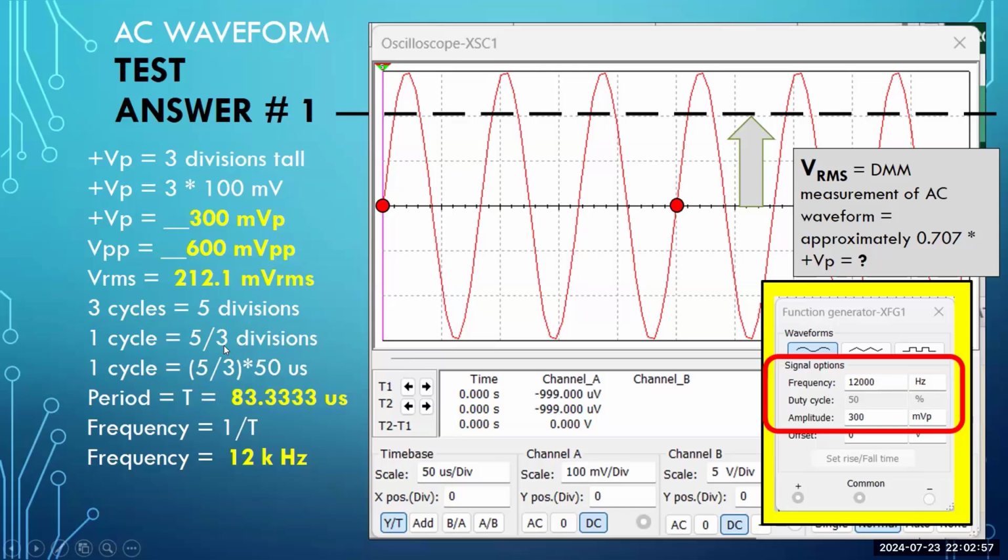Well, how do we determine 1 cycle in terms of time? That would be determined this way. Time is given by your time base, 50 microseconds right here.